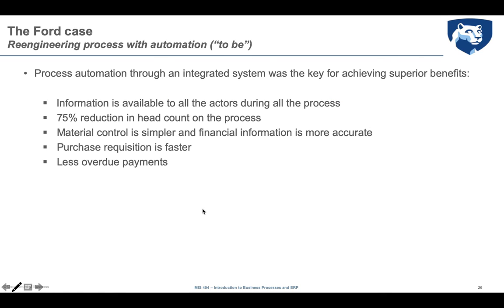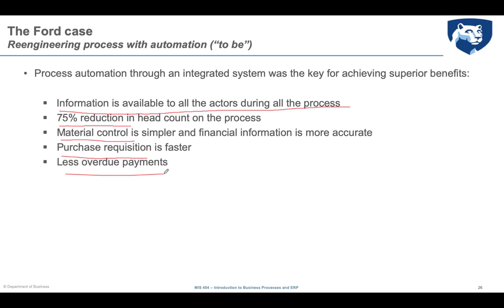By doing this, just by introducing a simple automation, an integrated and shared database accessible by all the actors, these were the results: information available and visibility from all the actors to the process, 75% reduction in headcount of the process, which means that from 500 people needed to execute this process, the need was now 70% less. Simpler material control, faster time to include and issue a purchase requisition, and fewer overdue payments, because I was able to pay my supplier faster.